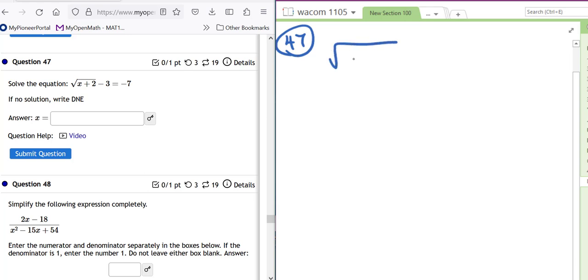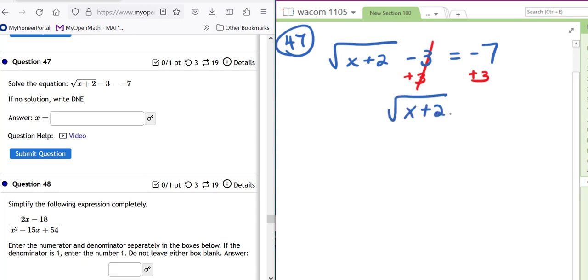This one is also an equation with a radical. First step is you have to isolate your radical. So you're going to add a 3. Now, if you're paying close attention on this one, you don't even have to do it because it's not going to work.